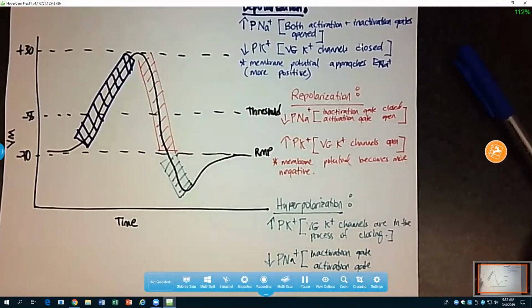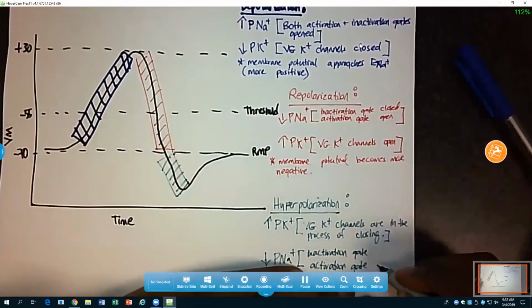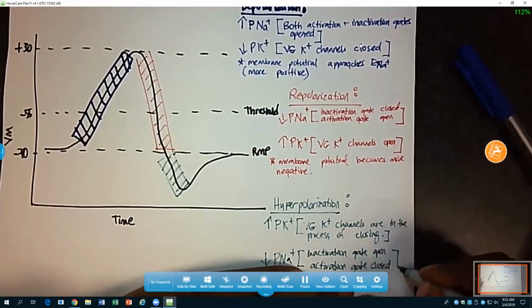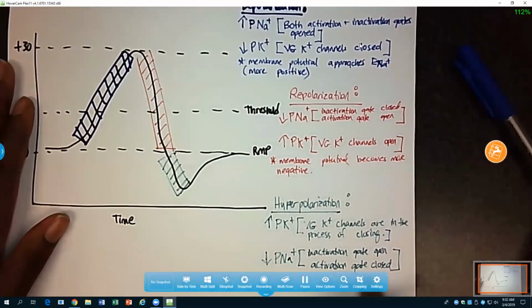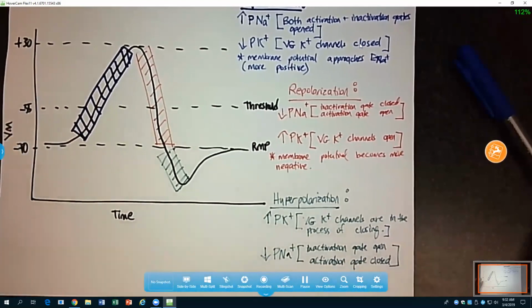After we get back to negative 70, our activation gates are closed, but they're possible to open. So the activation gates are closed, but the inactivation gates are open. At the end of hyperpolarization, we're leaving the refractory period. The inactivation gates are now open again, and there is the possibility of depolarizing to threshold.